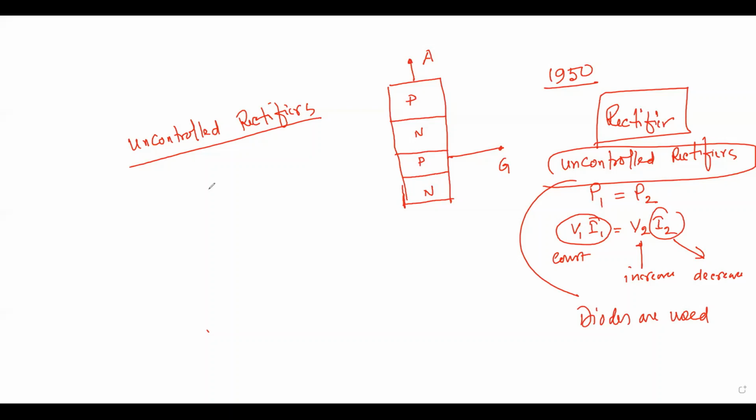Okay, uncontrolled rectifier. If it is a bridge rectifier, uncontrolled, that means diodes are used here.